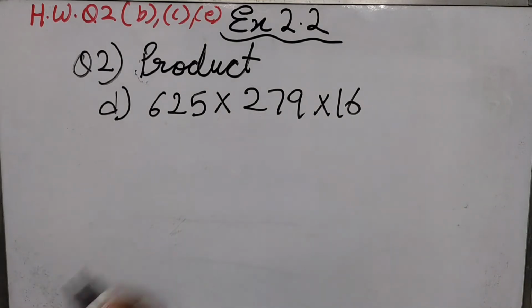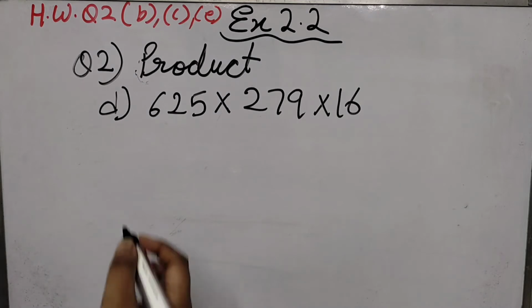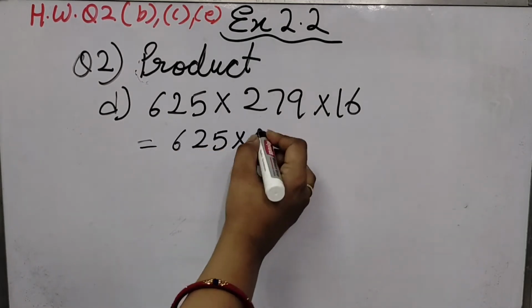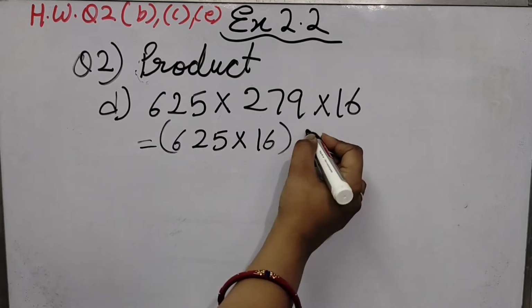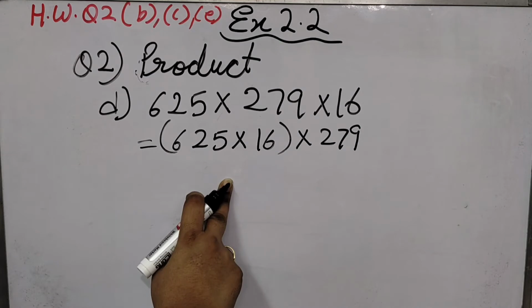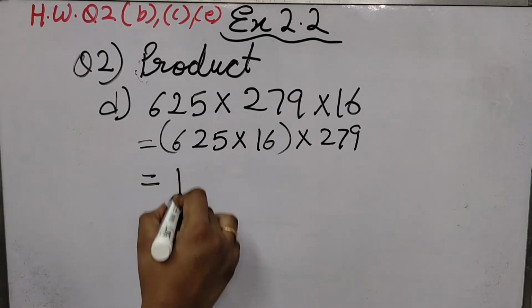These numbers might be looking tough to you for rearranging. If we rearrange 625 and 16, we will get our answer as 10,000. So when we multiply 16 and 625, our answer will be 10,000.